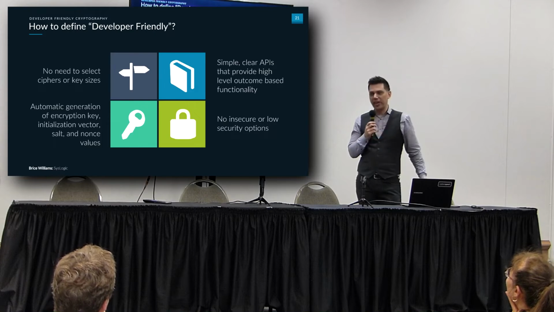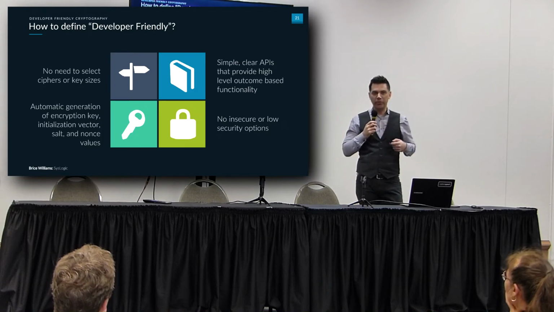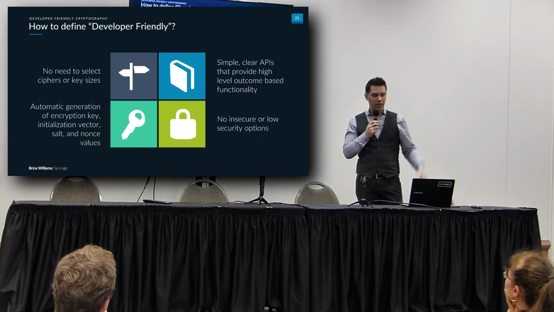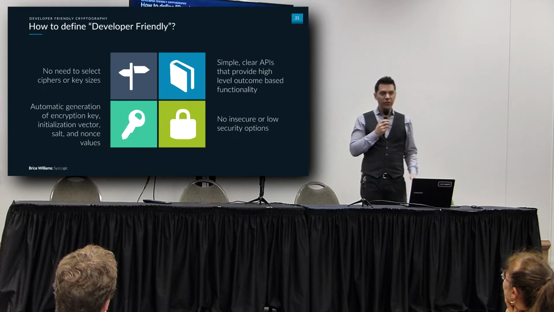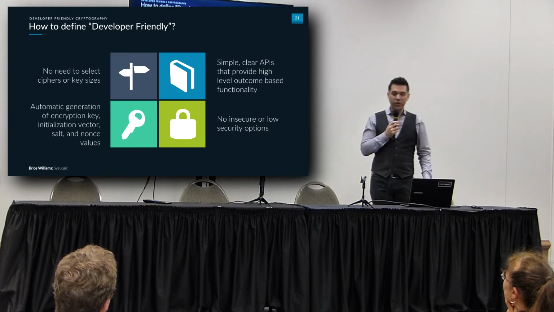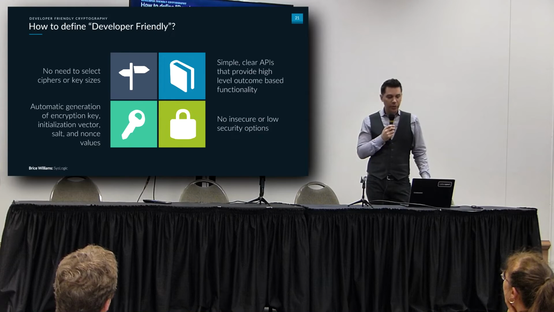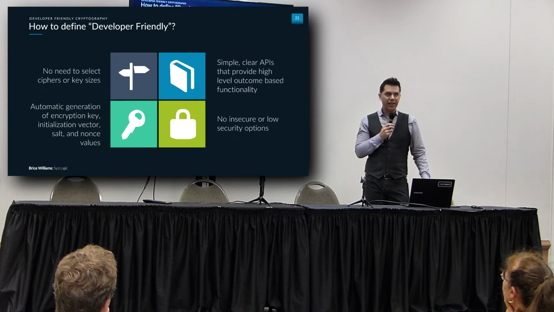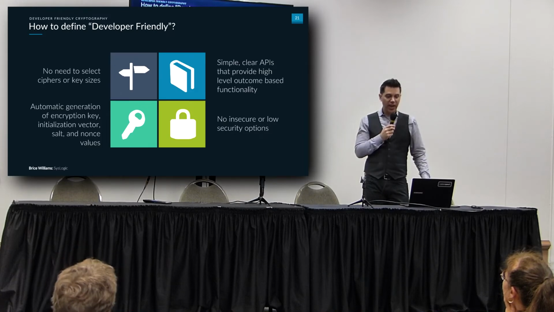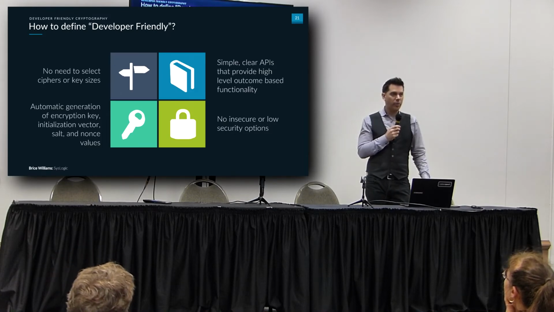Here's 4 different things that to me mean it's developer-friendly, like takes it to that next level. There's no need to select ciphers or key sizes. There's automatic generation of encryption key, initialization vector, salt, and nonce values. There's simple, clear APIs that provide high-level outcome-based functionality.